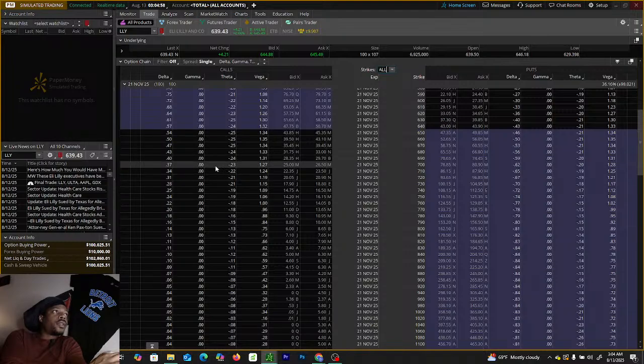I'm looking at the wrong one. Theta is 23. This is the contract I would get into. I made a couple day trades on it and made some money. But I'm thinking about it long term, where this contract can be worth. If I buy it at 2,500, it could be worth about 5,000 in the next couple months.